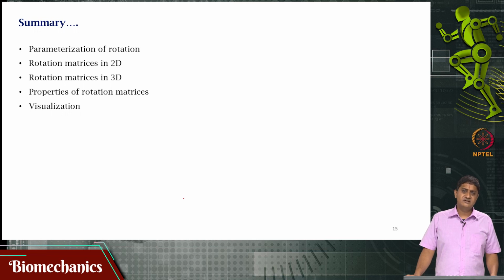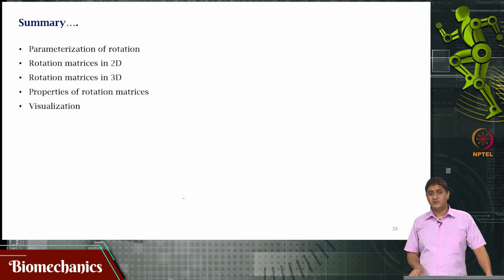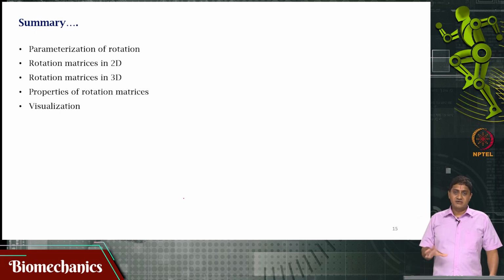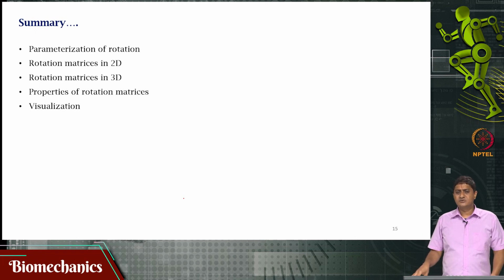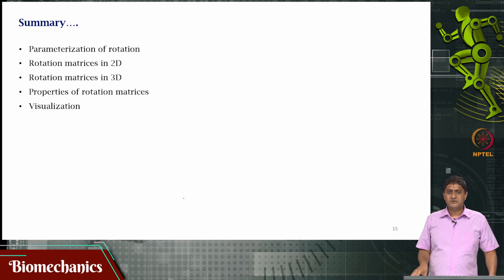We discussed some of the important or crucial properties of rotation matrices that we will take advantage of while solving problems, and we saw one example in which you can rotate a given shape and see how it appears after the given rotation. With this, we come to the end of this video. Thank you very much for your attention.